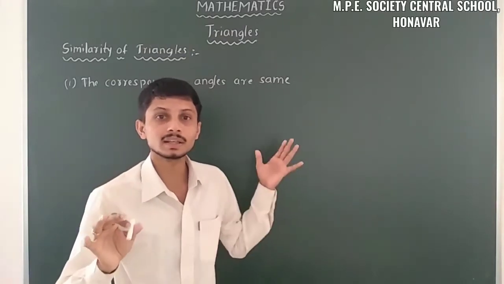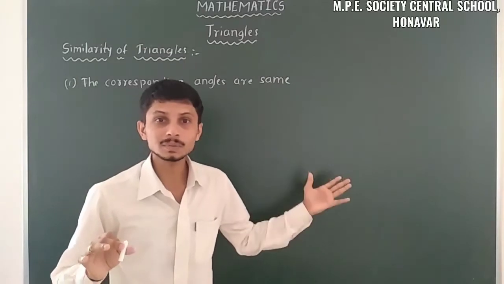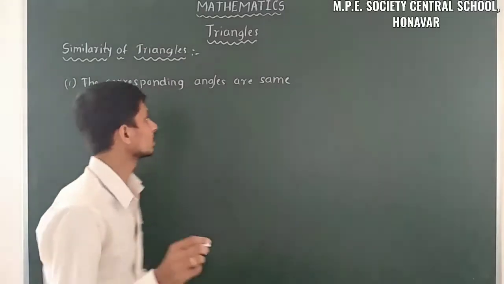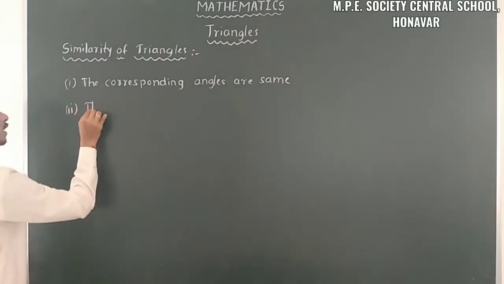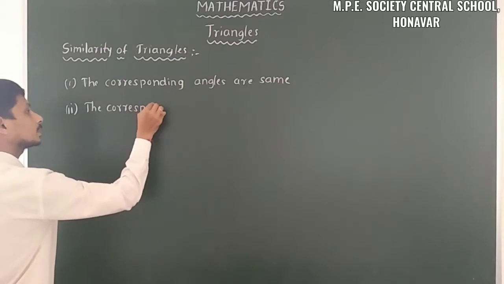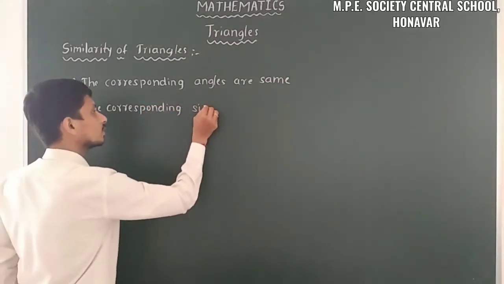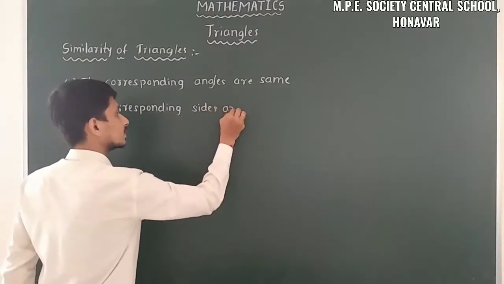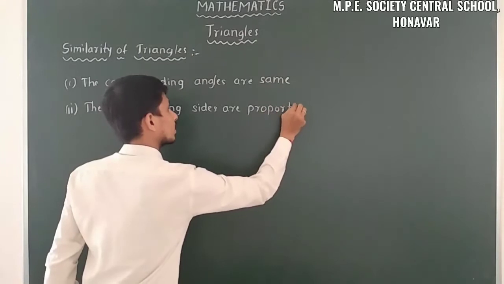That's why we call it proportional. Second one is the corresponding sides are proportional.